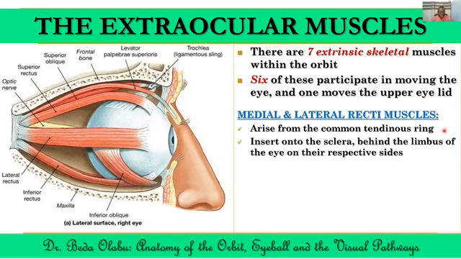Now, they insert onto the sclera just behind the limbus, a few millimeters just behind the limbus. Usually it's within 1 centimeter. So some will be about 5 millimeters, some 7 millimeters from the limbus. They insert onto the sclera.